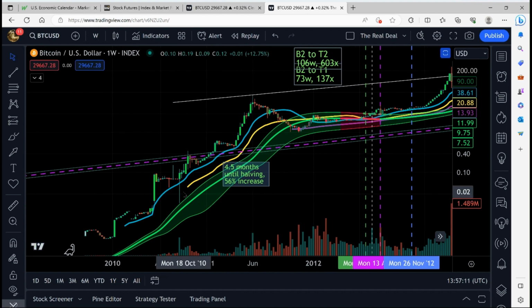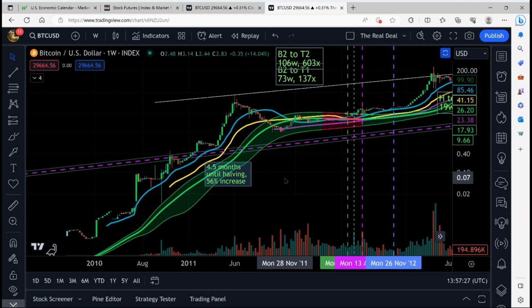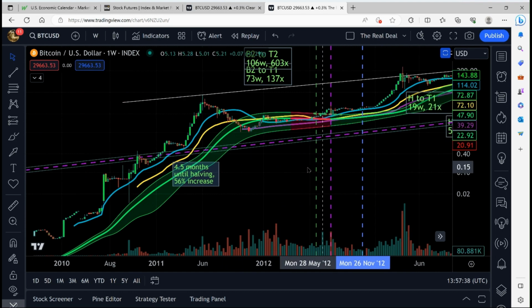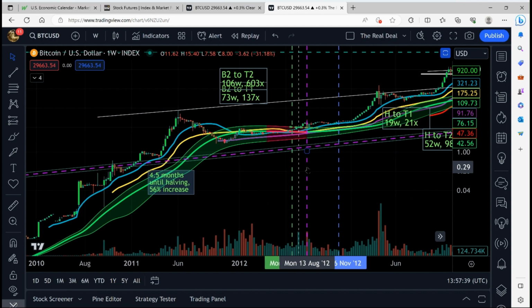You can see that we do wick through it at times, and here came into it too in the bull market, but pretty much hold it as support. Anyway, this is 2010 to 2012. And in the bear market, we fall below it and fall below the 50. We'll see what else we do.